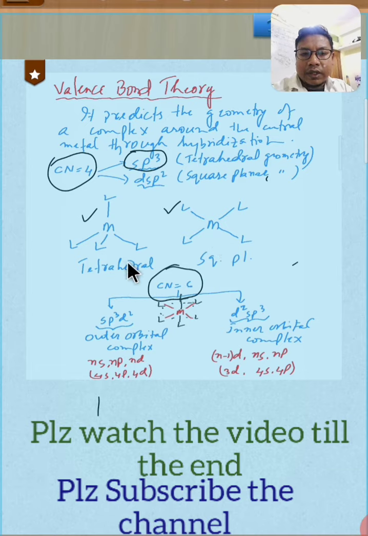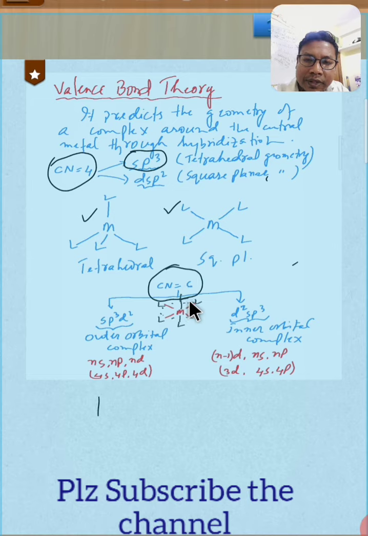Tetrahedral geometry can be from the 3d series, and for 3d series elements the geometry can be square planar also. Let me explain in the following examples later in the next slide.